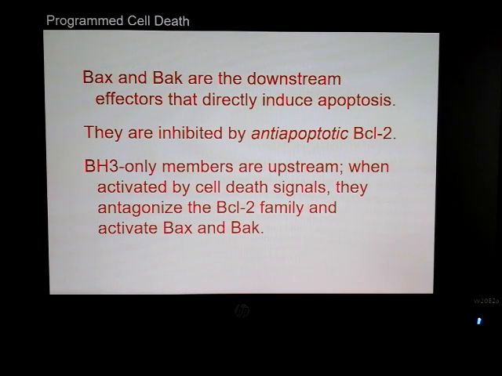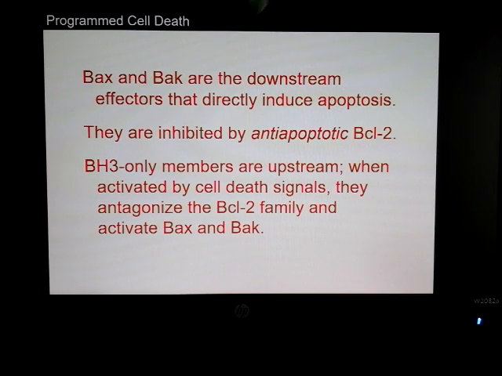So when I say downstream, guys, if you look at the membrane, and then what happens as you go into the cell, anything that goes downward, points downward, is downstream. So these are all inhibited by anti-apoptotic BCL2. Now the ones that we showed on the last slide that say BH3 only, they're upstream.